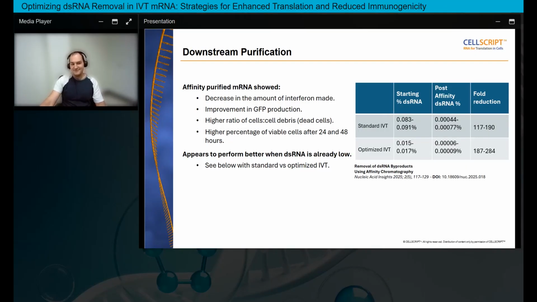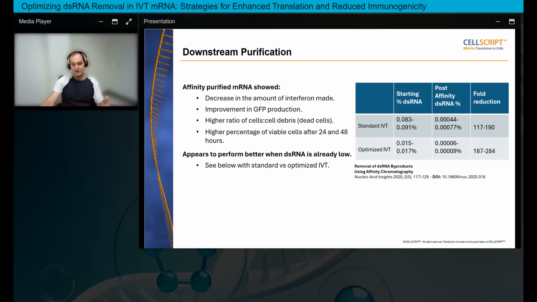In addition, that affinity chromatography stuff was sort of interesting in what it showed, which was that when they did a standard versus an optimized IVT reaction, they found that affinity chromatography works even better when there's less double-stranded RNA in the first place, which I guess is an interesting result.